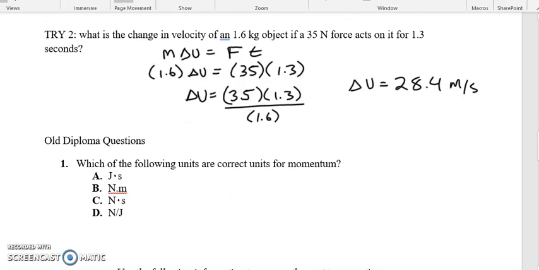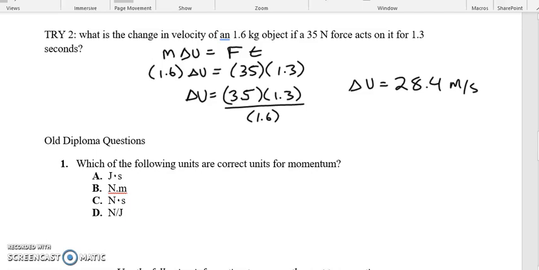So in this case, we've got a 1.6 kilogram object, that's the mass, and a 35 newton force at 1.3 seconds. That will give you the change in momentum. And so we're looking just for the change in velocity. We don't know what the final velocity is because we don't know what the initial velocity is, nor do we even know the direction.